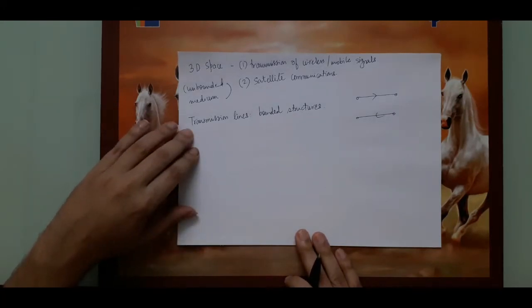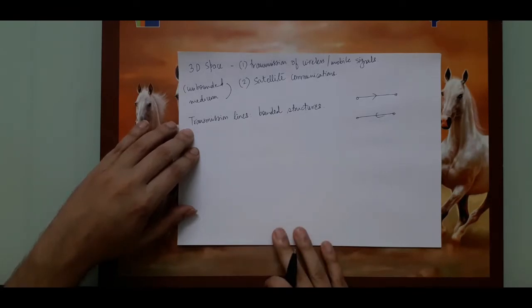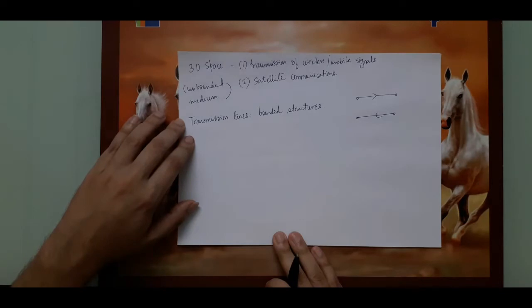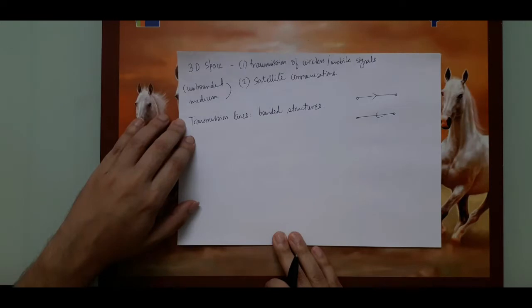So it may happen that the path that the wave has to travel from your phone to the nearest mobile tower need not be an obstacle free path. There could be some metallic objects, there could be some non-metallic objects in the way, for example, buildings, lampposts, and the wave may have to encounter those. So then how do those obstructions or obstacles impact the wave?